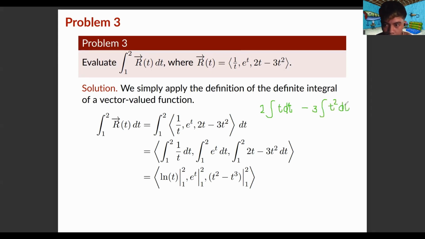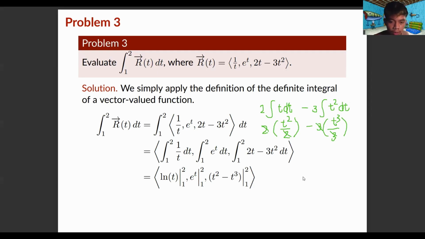Recall the power rule. We have 2t squared over 2, and for the second one, we have 3t cubed over 3. And the 2 and the 3 cancel. And therefore, we have t squared minus t cubed. And it's a definite integral, so we have bounds from 1 to 2.